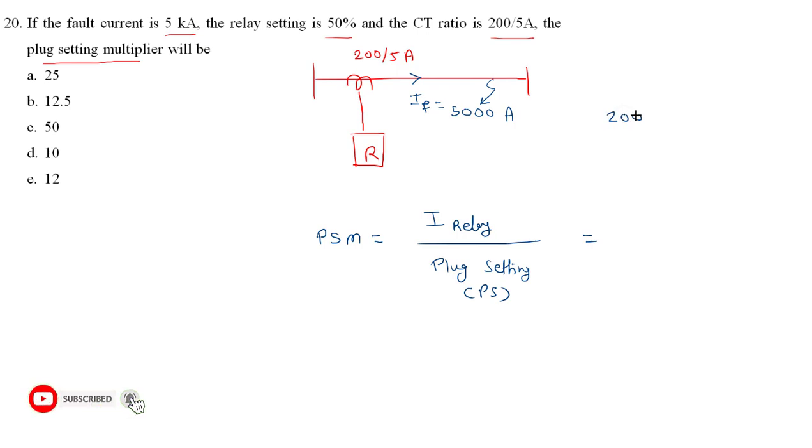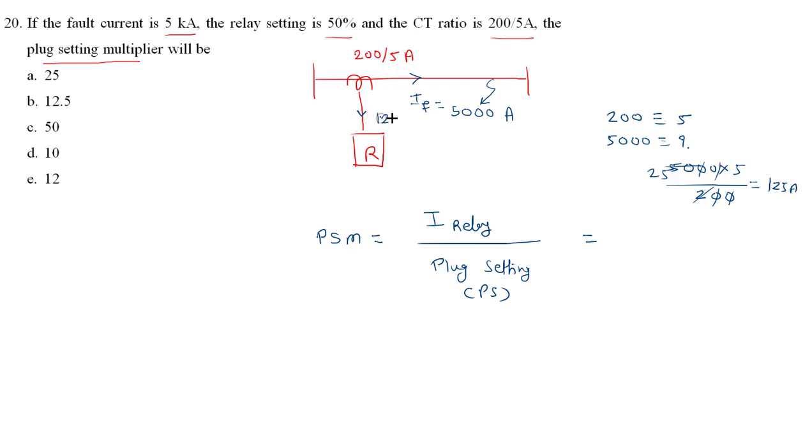We can write 200 corresponds to 5, then 5000 corresponds to how much? So it will be 5000 into 5 divided by 200. So 0 will get cancelled. Here it will be 25 into 5, that is 125 ampere. So during the fault, the current flowing through the relay coil will be 125 ampere.